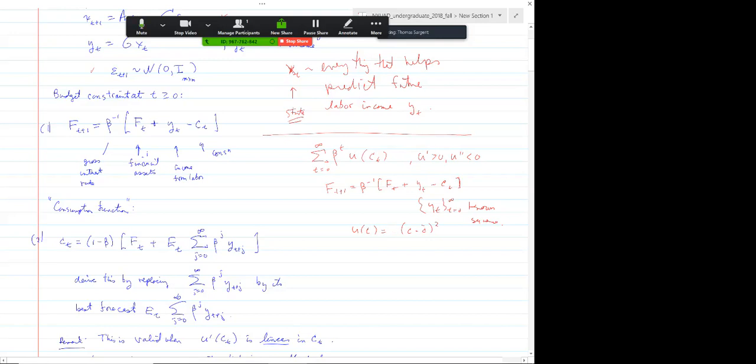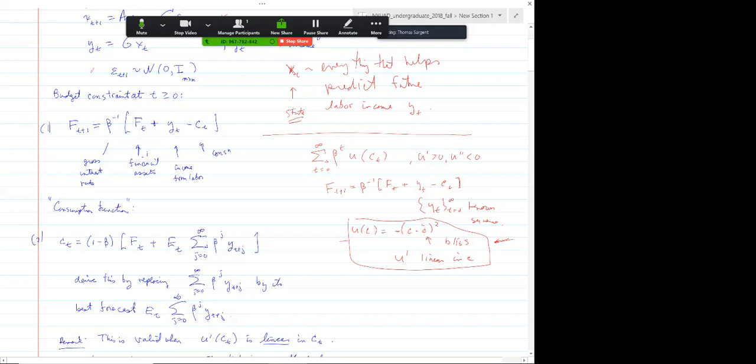Actually, I'll do it this way. Yeah, if you check this out, you'll see where c bar is list consumption. I'm just assuming this is quadratic, and so u prime is going to be linear in C. That's a very special case, which I'm going to impose. We'll come back to that.